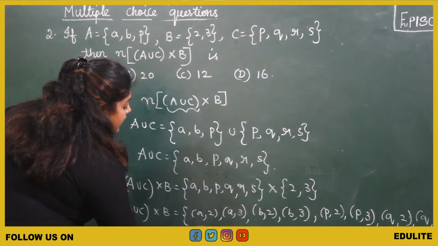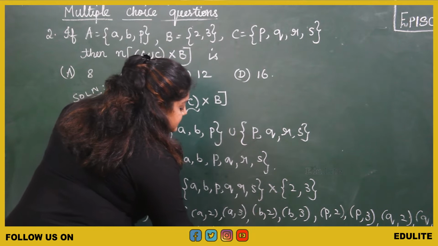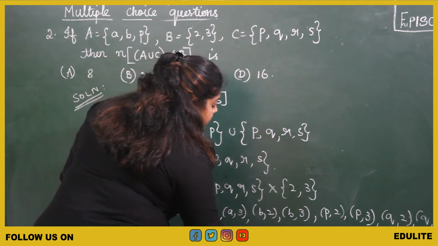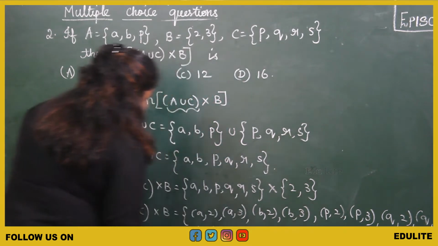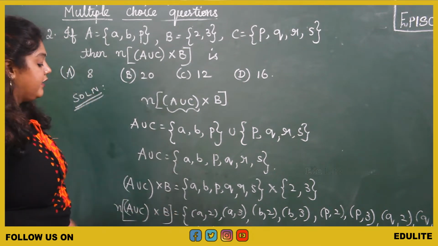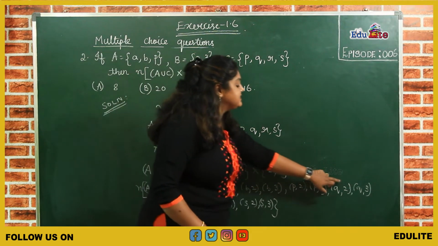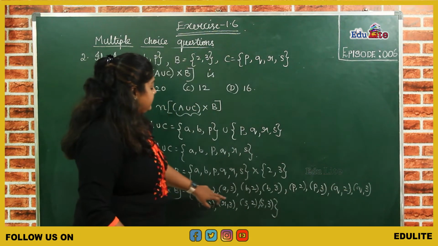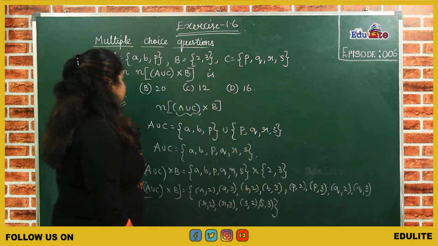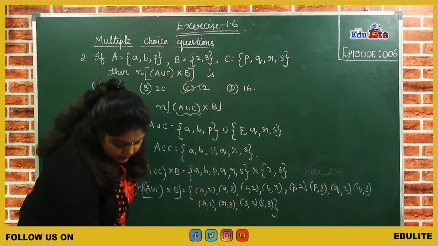Next is R, 2, R, 3. S, 2, S, 3. Now we have to find number of elements of A union C cross B. Let us do it. 1, 2, 3, 4, 5, 6, 7, 8, 9, 10, 11, 12. Yes, option C is the right answer.